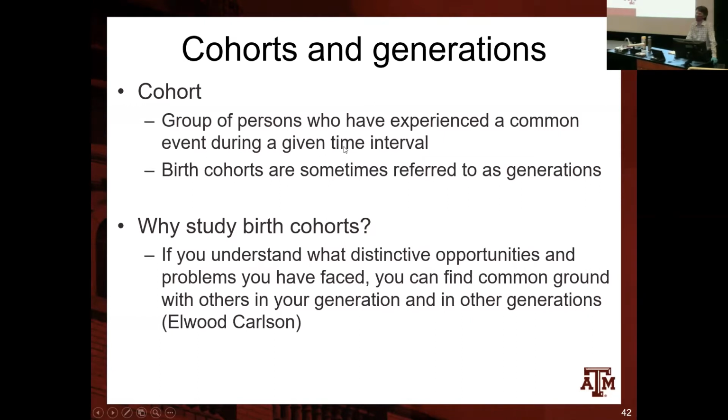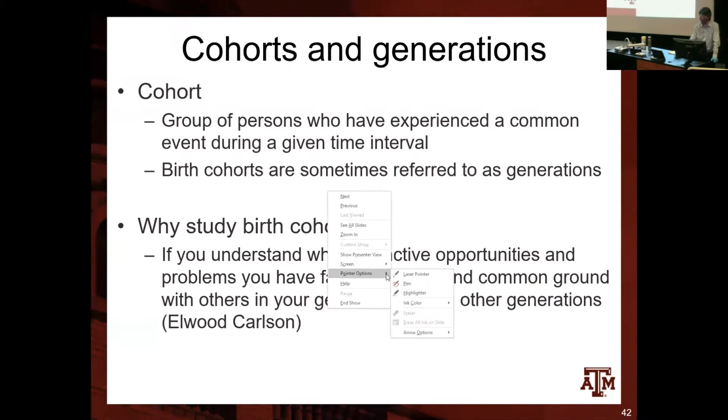Usually, we use cohort to capture people that were born at the same time, but the correct way to classify that specific kind of cohort is birth cohorts, when these people are born around the same time. And those birth cohorts are also usually referred to as generations.